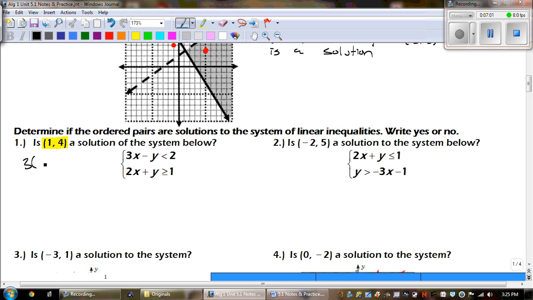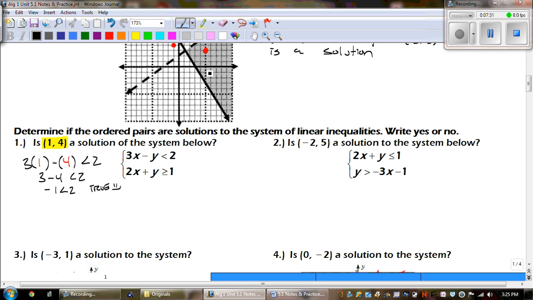The first one we have is 3x minus y is less than 2. Remember the x is 1 and the y is 4. 3 times 1 is 3, minus 4, is less than 2. What's 3 minus 4? It's negative 1. Is negative 1 less than 2? Yep, that's true.